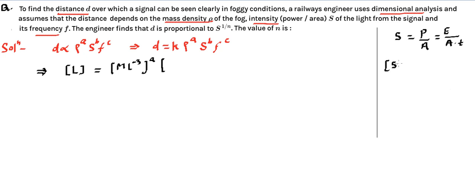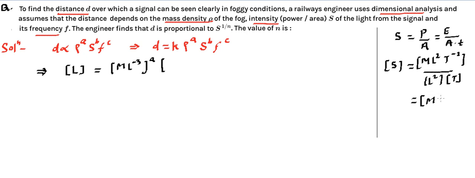Now if we write the dimension of this intensity, we need to write the dimension of energy. And if you write the energy dimension, you will find M L square T raised to power minus 2, because it is force into length. And then you need to write the dimension of area, which is L square, and the dimension of time, which is T. So if you assemble them properly, you will get the final dimension of intensity.